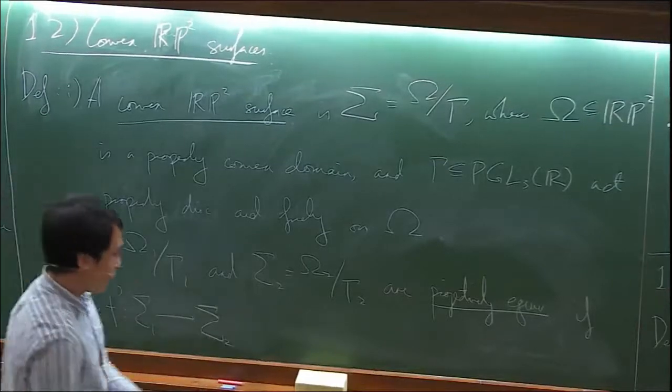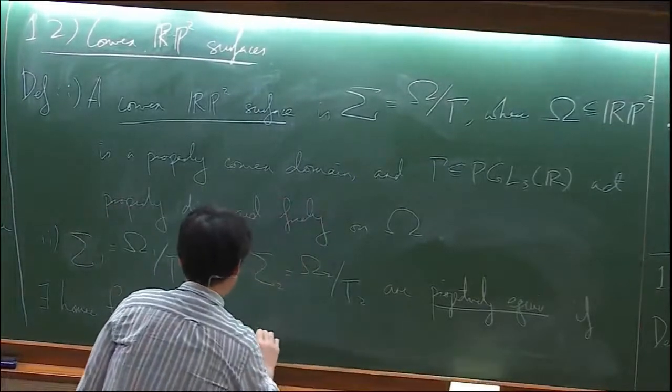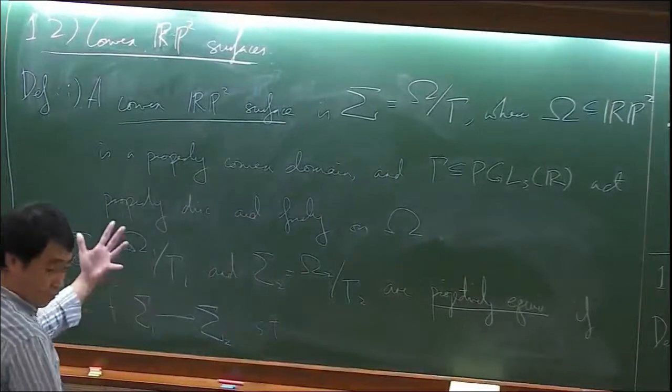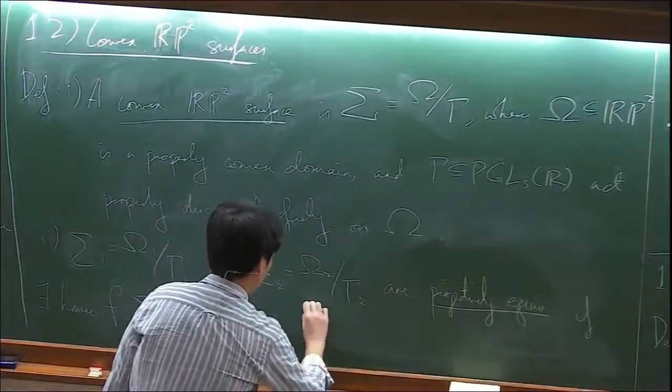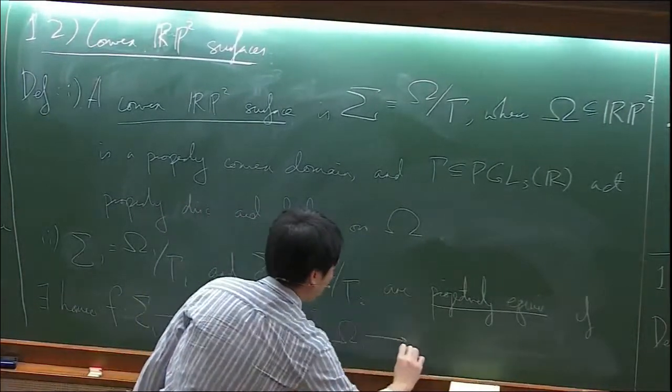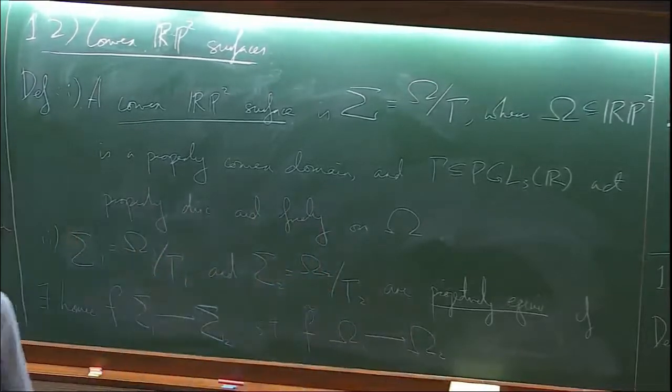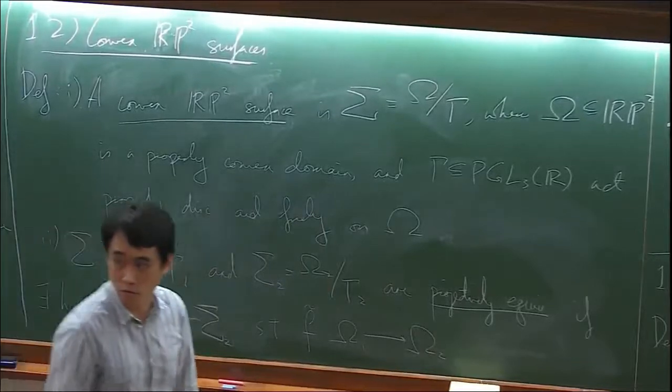Okay, so that when you lift this F to the universal cover, this guy here is the restriction of a projective transformation on RP2.